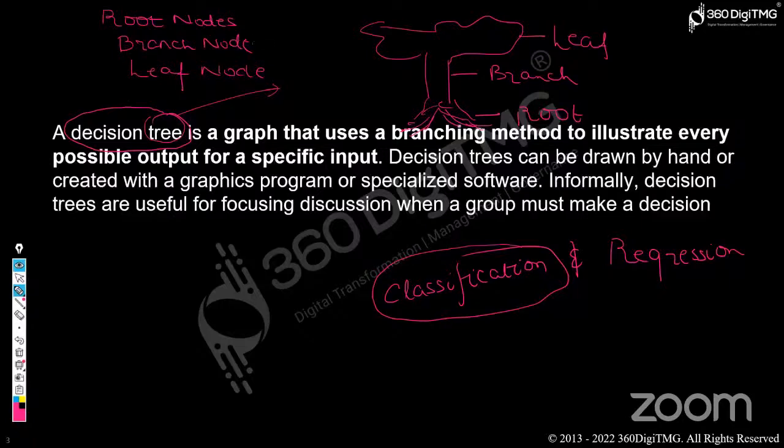So your root node is going to represent the features of the data. The branch node is going to represent your decision rules, whereas your leaf node is going to represent the outcome. That is nothing but your y variable.